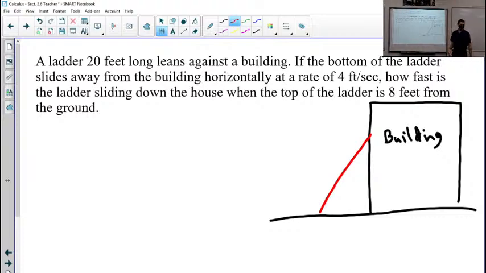All right, here's my ladder. I'm going to use L as a variable for the ladder, cursive L so you don't mistake it for 1.